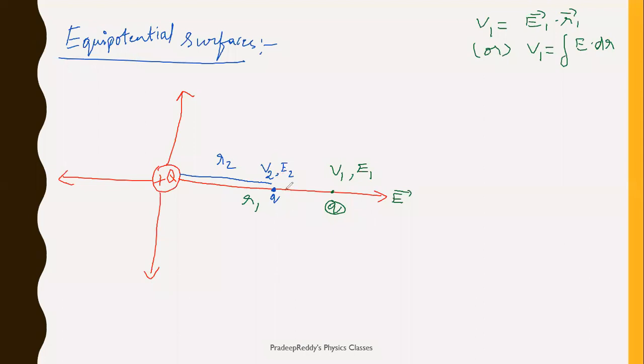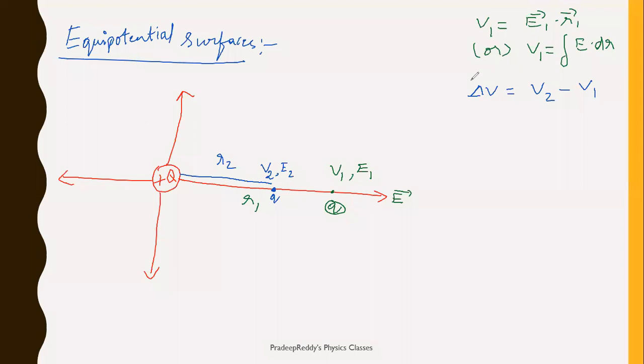Okay, this is R2. Now we have potentials V1 and V2, which are different values. I can find the potential difference delta V, which is V2 minus V1.